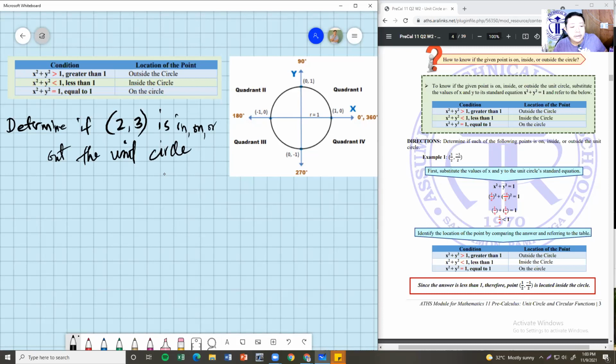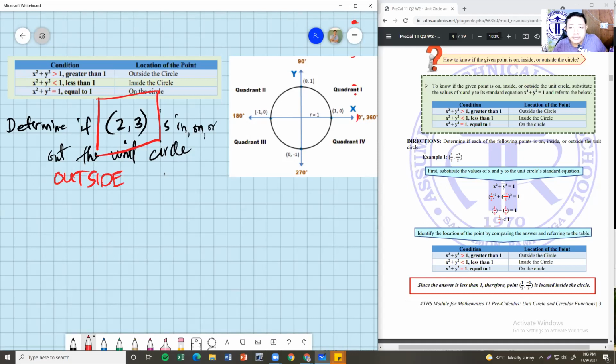Of course, looking at the value, it's 2, 3, automatically madali na yung isipin, nasa labas ito. Kasi, if we will plot this, it is 1, 2, and then 1, 2, 3. It's somewhere here. Automatically, this is outside the circle. Kasi masyado siyang malayo.